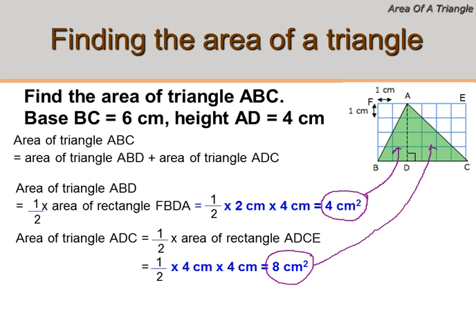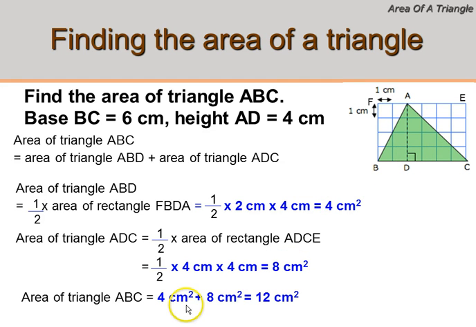Let's continue. Therefore, the area of triangle ABC is by adding up 8 cm square and 4 cm square, altogether 12 cm square.